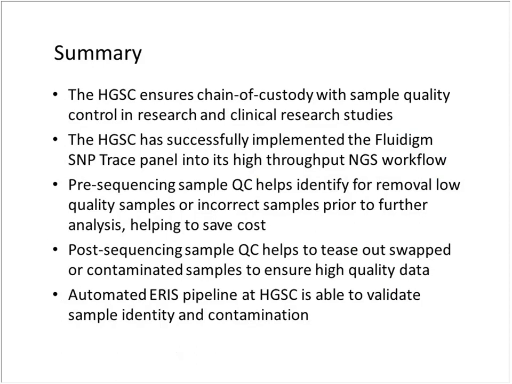The pre-sequencing sample QC helps to identify the problematic samples and then remove them prior to the processing, and this can help to save the cost. The post-sequencing sample QC helps to remove the swapped or contaminated sample to ensure high-quality data.